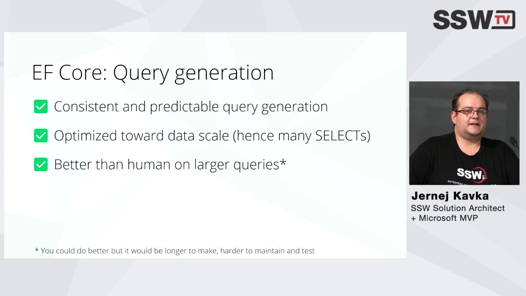And another thing here is, if you have, for instance, 10 joins, rule of thumb, especially if you start doing filters, group bys, havings, and things like that, EF Core will probably generate code that is more accurate than yours. It might not be as performant as yours, but it's likely going to have fewer bugs.